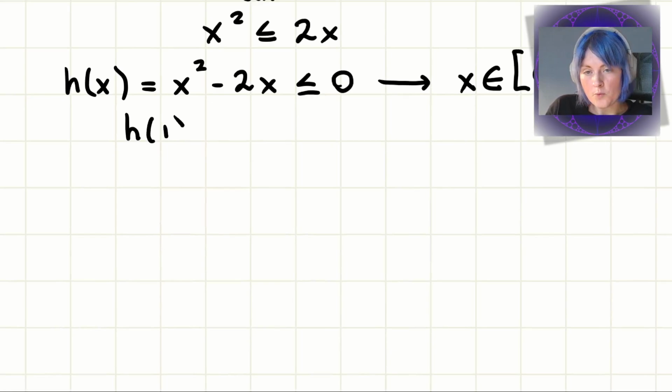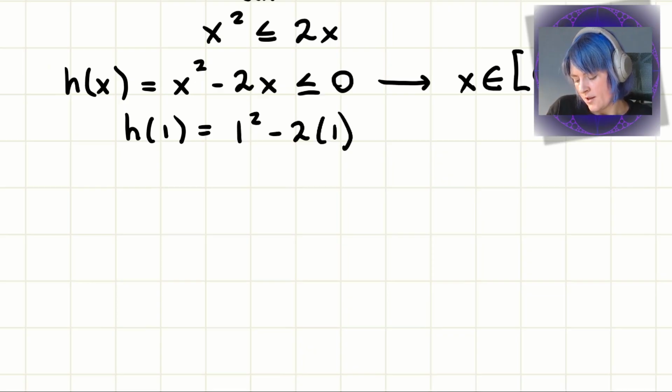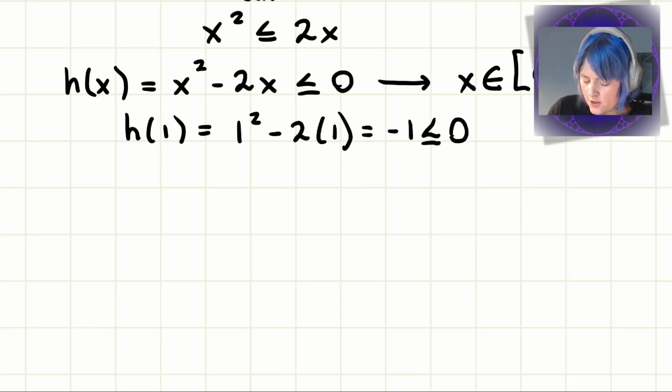So h of 1, we'll say, is 1 squared minus 2 times 1, which is equal to -1, which is less than or equal to 0. So if we pick a value in between 0 and 2, we find that x squared is in fact less than 2x, because x squared minus 2x is less than or equal to 0.